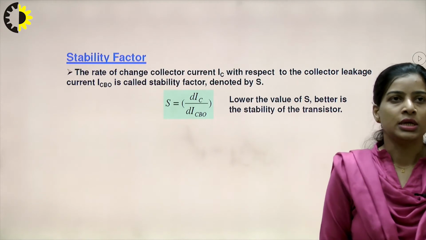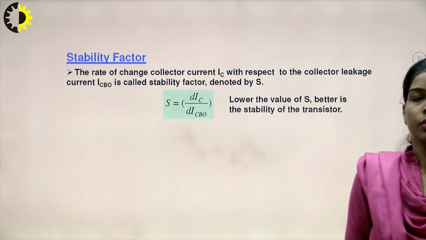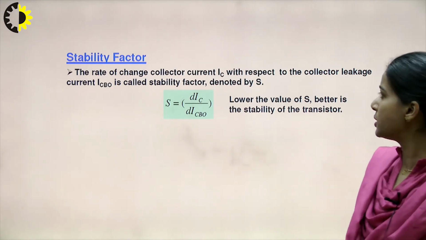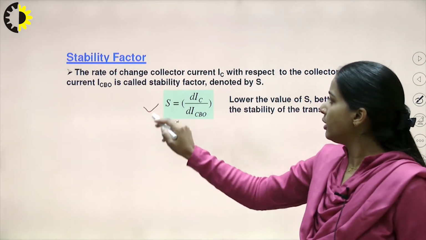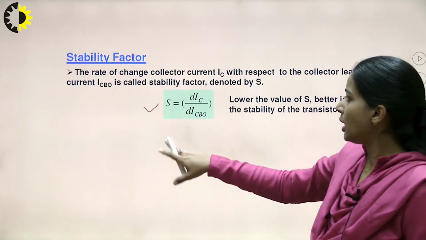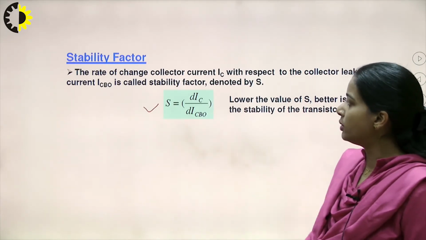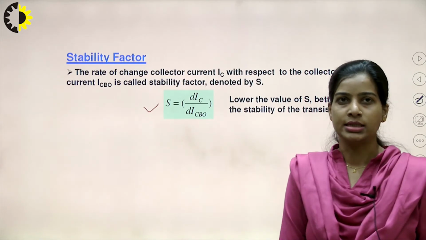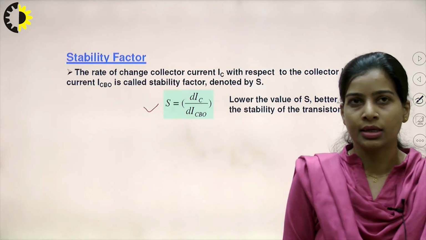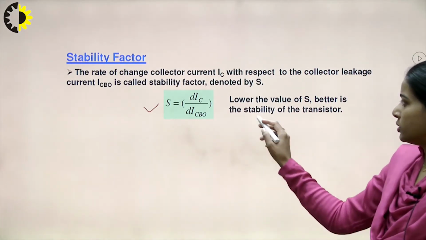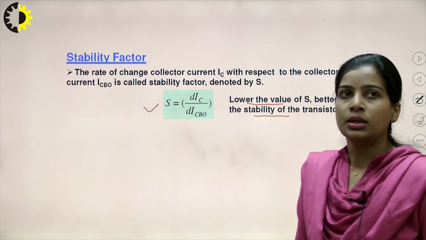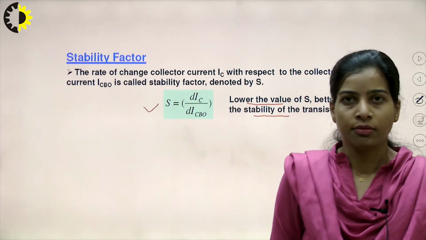The rate of change of the collector current with respect to the collector leakage current ICBO is called the stability factor, and we denote it by S, where S is equal to dIC by dICBO. The lower the value of S, the better is the stability of the transistor. That is very important: we want a lower value of the stability factor.